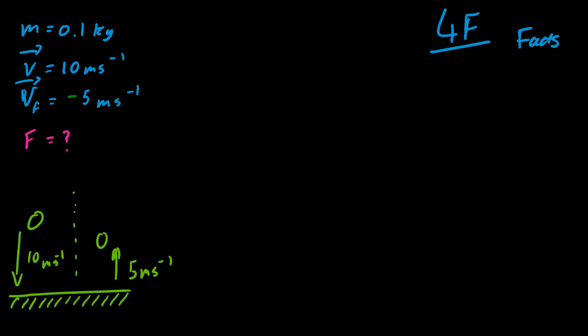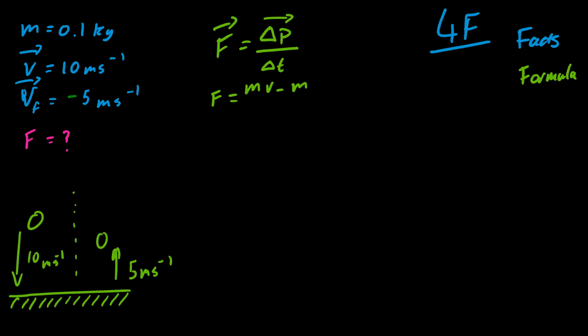Well, we've used our formula now of force being equal to change in momentum over change in time. And if we go now to our expanded formula, we would end up with force is equal to mass times final velocity, take mass times initial velocity, over delta T, time. So we've got our final and initial velocities there.